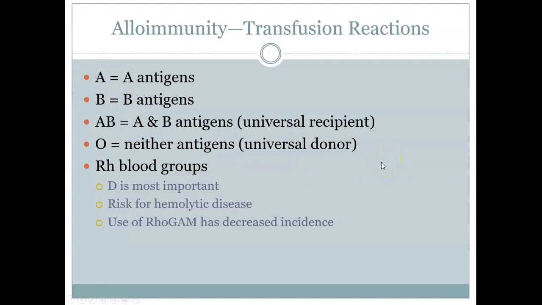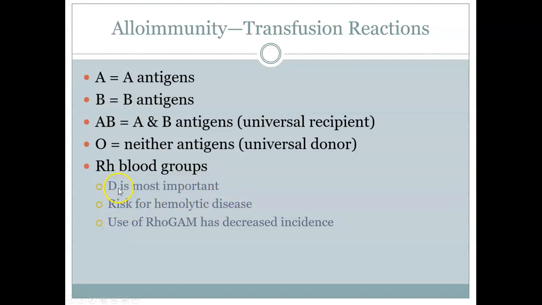Okay? So one thing that some of you who have had children might realize is that when you become pregnant, they used to do this when you got married. I don't know if they do this as much anymore, but after you become pregnant, they will get a blood sample, and they will check your Rh factor, and they will test to see if you're at risk for any hemolytic disease.